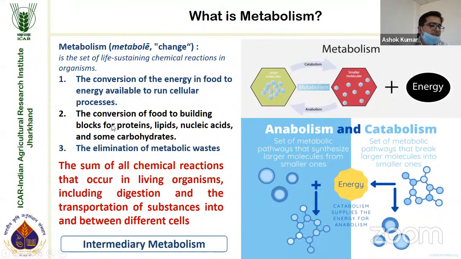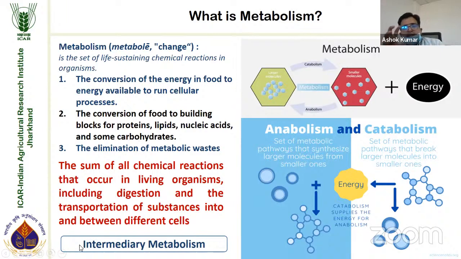When we consider these metabolic processes within an organism, then this is called metabolism. And when we consider this metabolism within a confined cell, then it is called intermediary metabolism. So there is a difference between intermediary metabolism and metabolism.